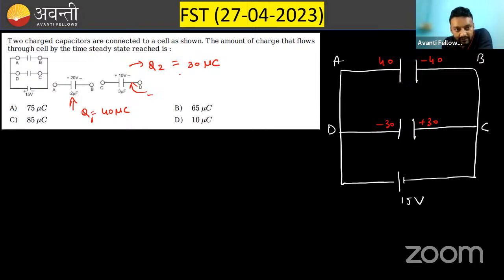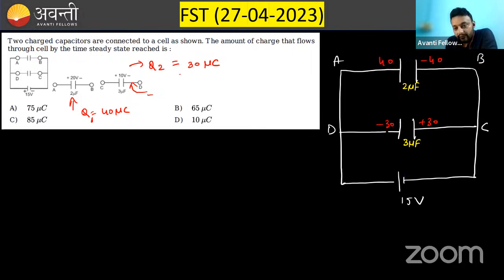The capacitance of the first capacitor is 2 microfarad. This is 3 microfarad. Now when you connect the battery, the potential across these two capacitors will become 15 volt. That's for sure, because battery is a forced device and it will force a potential of 15 volt across both the capacitors.